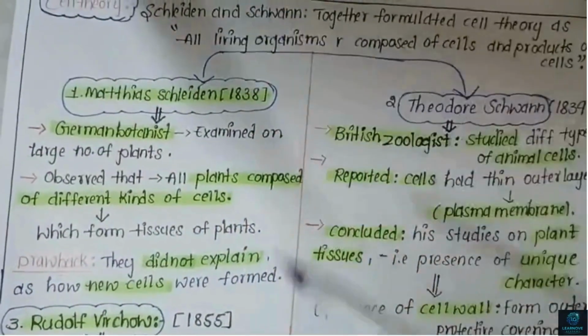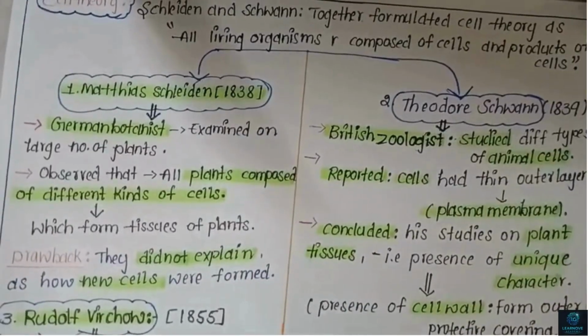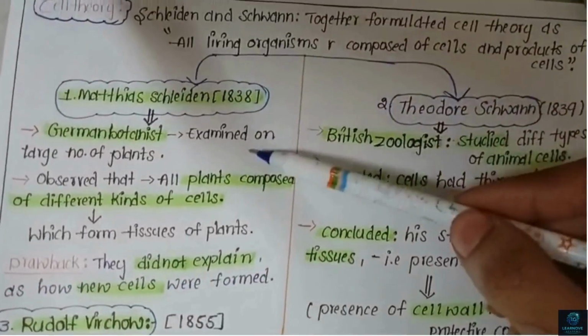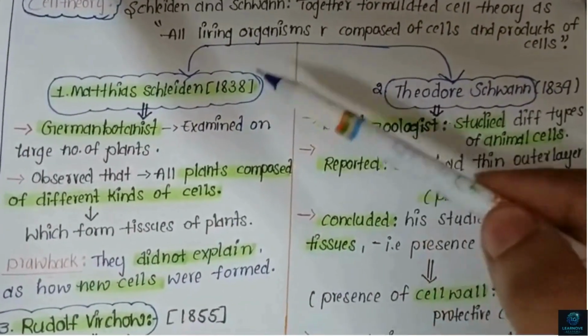Cell theory. Here, three scientists gave cell theory its final shape. First we are going to discuss Schleiden, who gave his view in 1838.